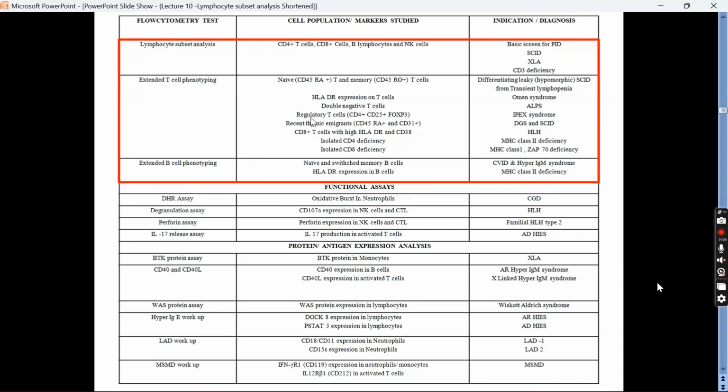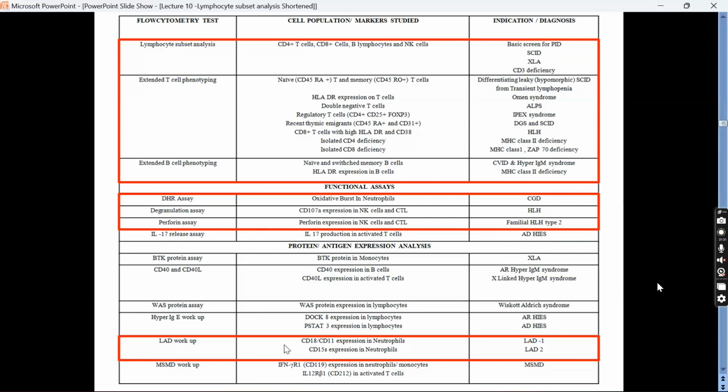So this is something about lymphocyte subset analysis and extended T or B cell phenotyping. And there are things you can diagnose with flow cytometry, which is CGD, as I just said. You can also diagnose HLH, and you can also diagnose LAD, where the neutrophils will not show integrins. You know what integrins are, right? Again, Robbins. If you go to the chapter on immunity, the neutrophils will start rolling, adhesion, margination and so on, to go to the site of inflammation.